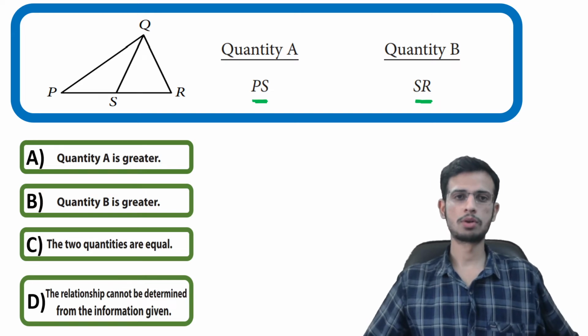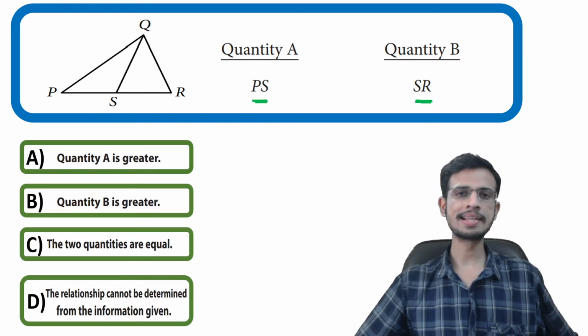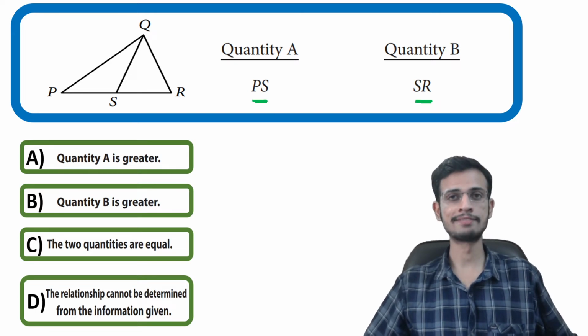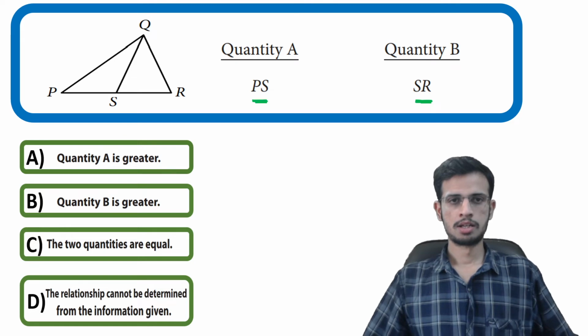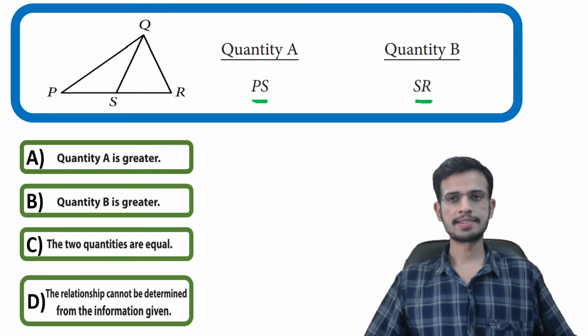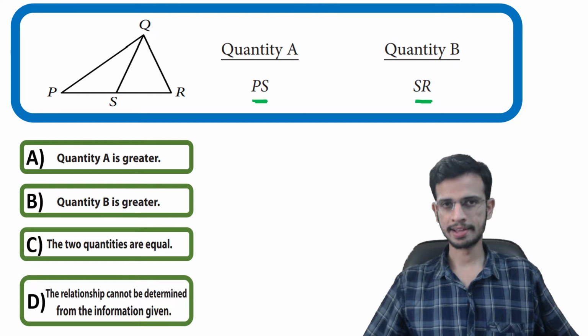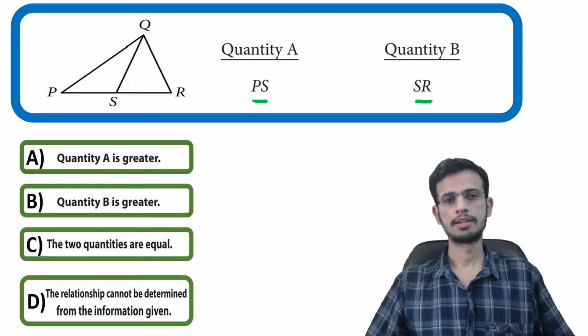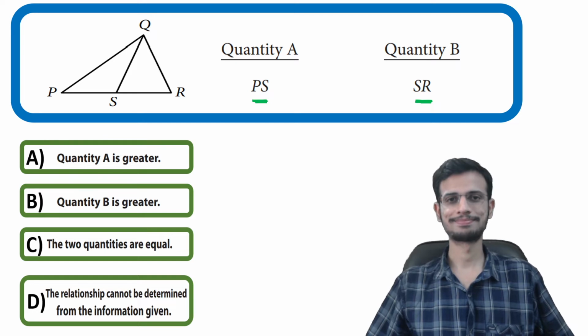Again, A is greater, B is greater, both are equal, or the relationship cannot be determined from the information given. You can find the PS and SR portions from the diagram and give your answer.